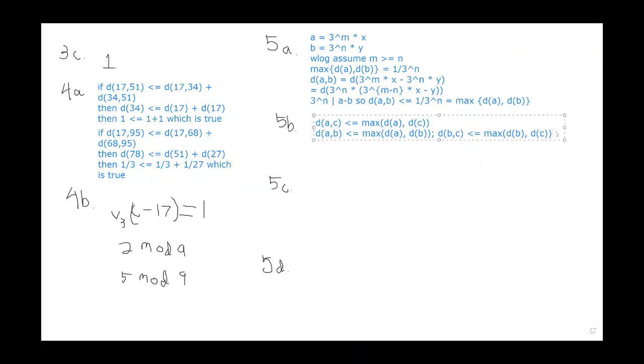So that does imply that the max of d of ab and d of bc is less than or equal to the max of d of a, d of b, and d of c.